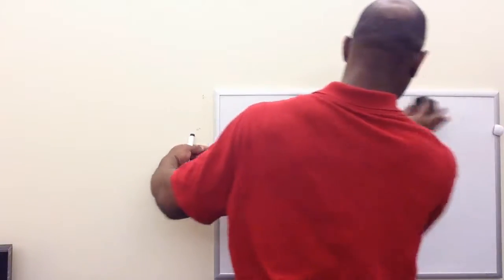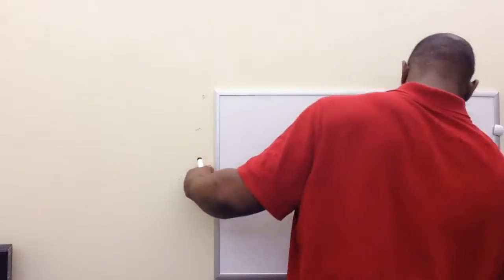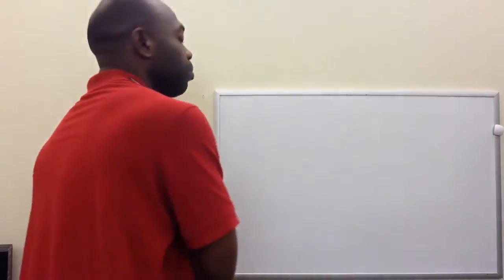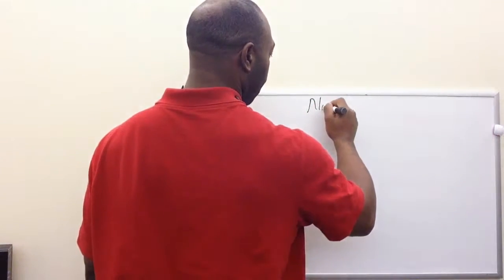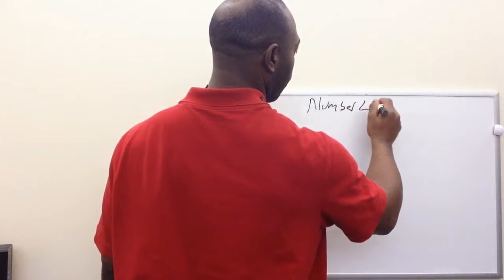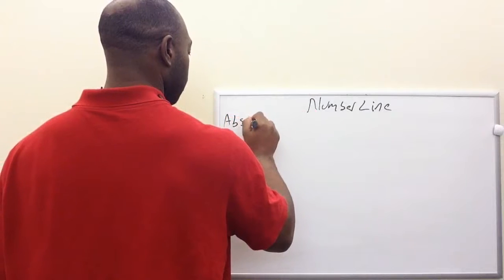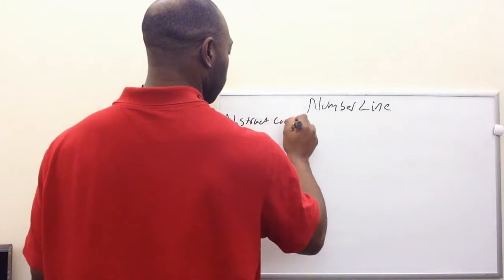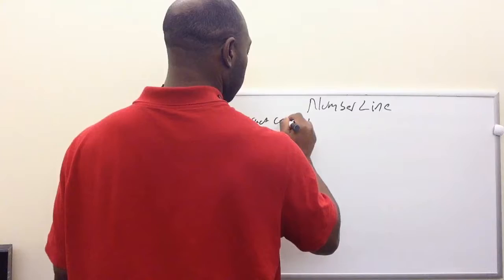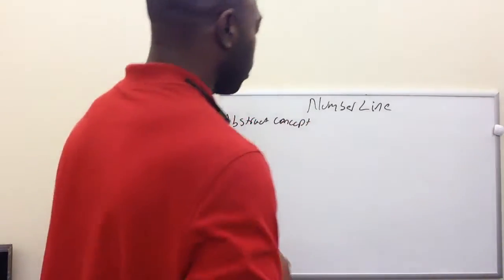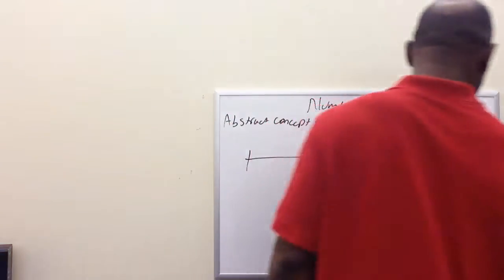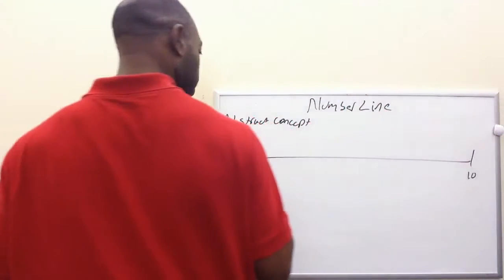What I plan on doing is I plan on making a ruler. The ruler is going to be called a number line. As it stands right now, it's just an abstract concept. It will have 10 units.